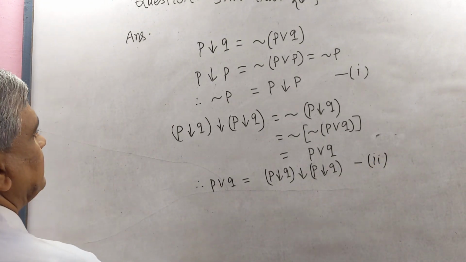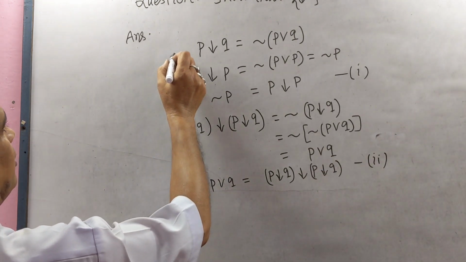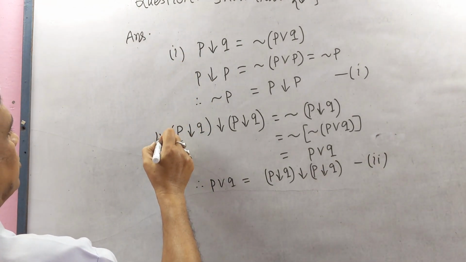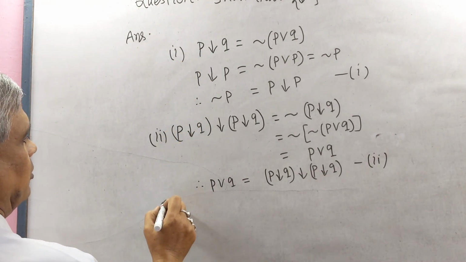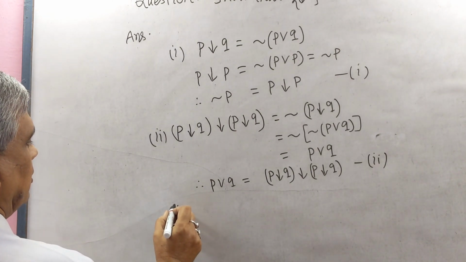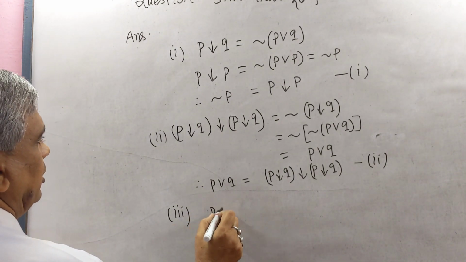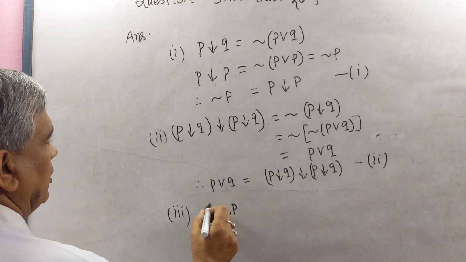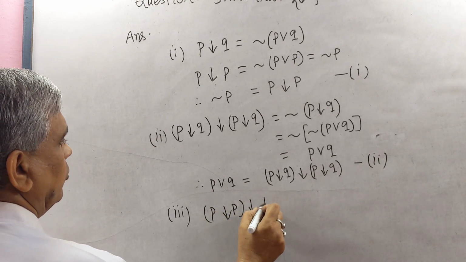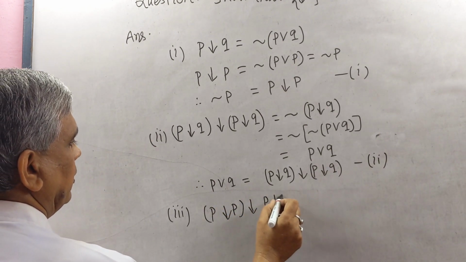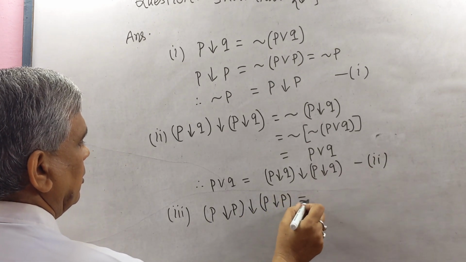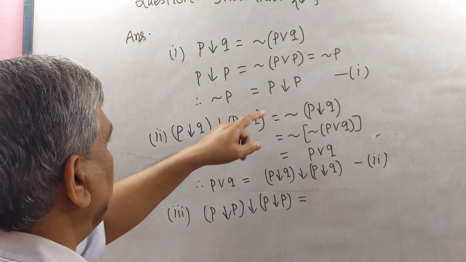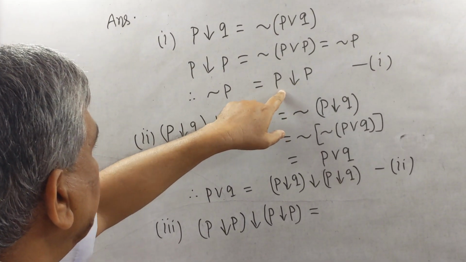Number 3. This is number 1, number 2, number 3. P NOR P, and Q NOR Q. In NOR, same inputs give negation.